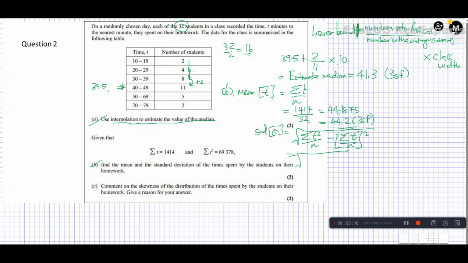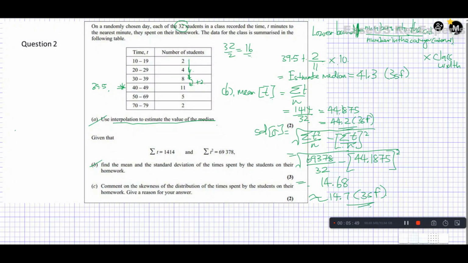In this case we have 69378, that's given, divided by 32, minus 44.1875 squared. Use your calculator, and I did this question, so I've got the answer already: 14.68, which rounds to 14.7 to 3 SF. Okay, that's for part B.